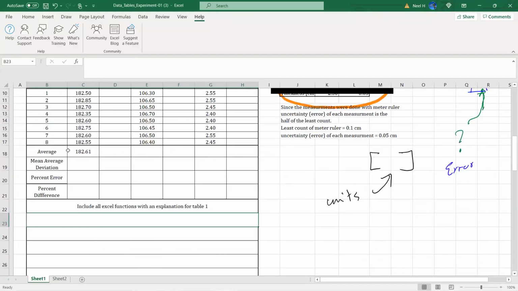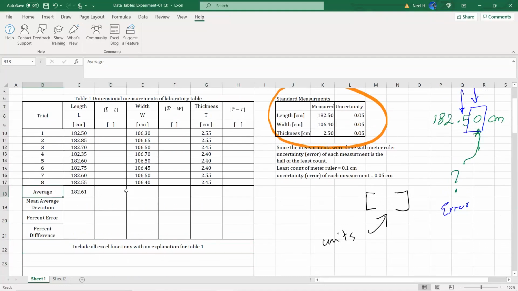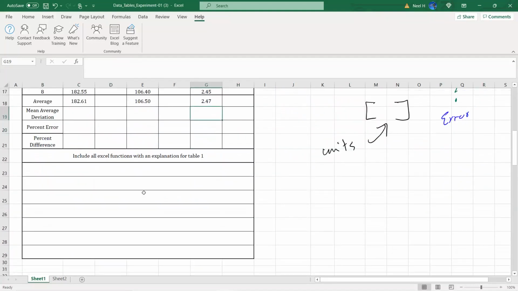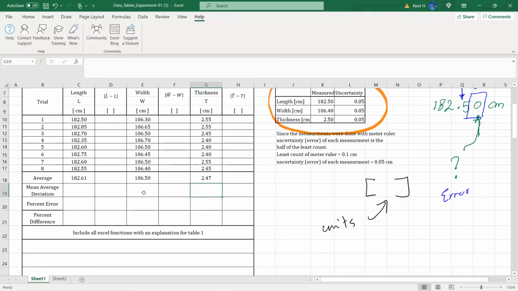Since I did the average for length, I'm going to do the same average for width, equal AV average all the width values, then equal AV average for each thickness value. But I'm not going to write all of these three functions here below the table. I'm going to add only one of them because function-wise it's exactly the same. Okay? So we'll add one of them.